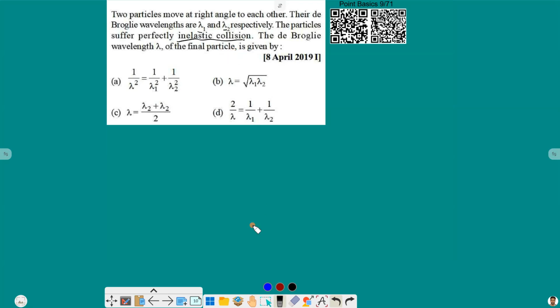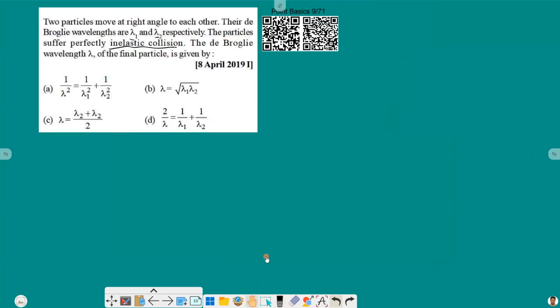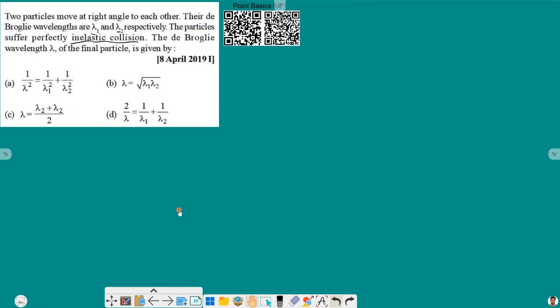So this is like the previous question. Just now we have some additional information that they were moving perpendicular to each other. Let's say the first particle is m1 and it is moving with velocity v1 in the x direction. The second particle is m2 and it is moving with velocity v2 in the positive y direction.